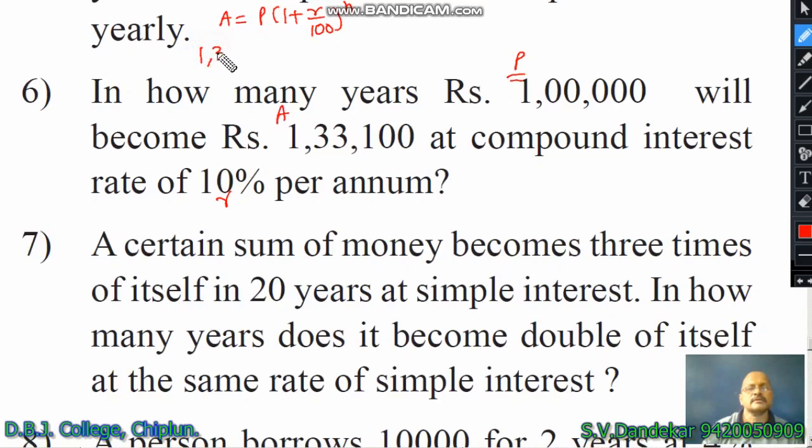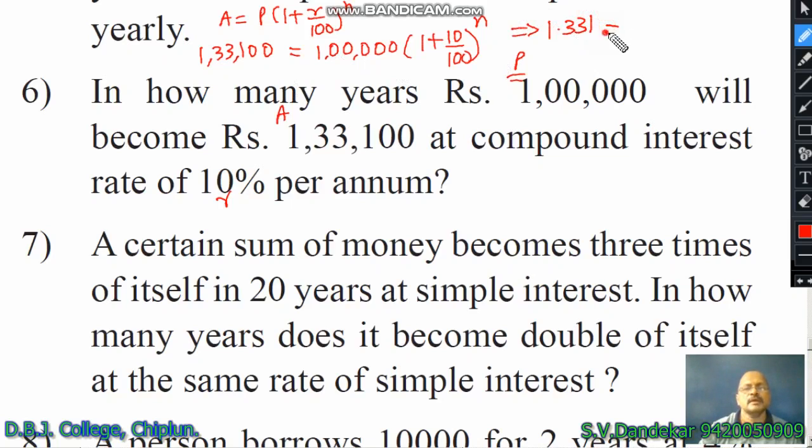So 1,33,100 is equal to 1 lakh into 1 plus 10 by 100 raised to N, and that gives us 1.331 is equal to 1.1 raised to n.